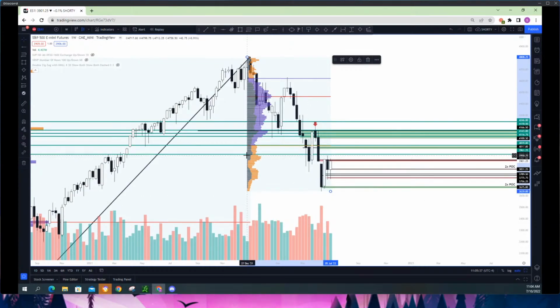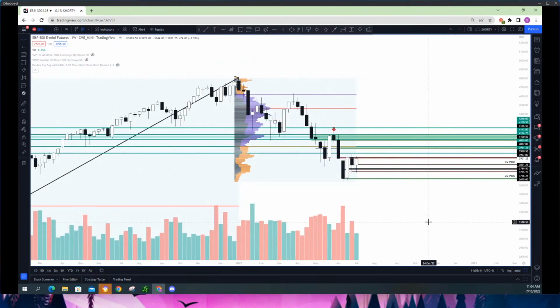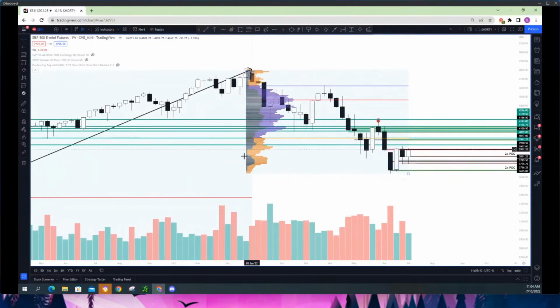And again, we have a shelf right here. You guys see it? And this is what shape profile? P shape, yep. So if you look at this, it's the P-shaped volume profile, and we're going down.